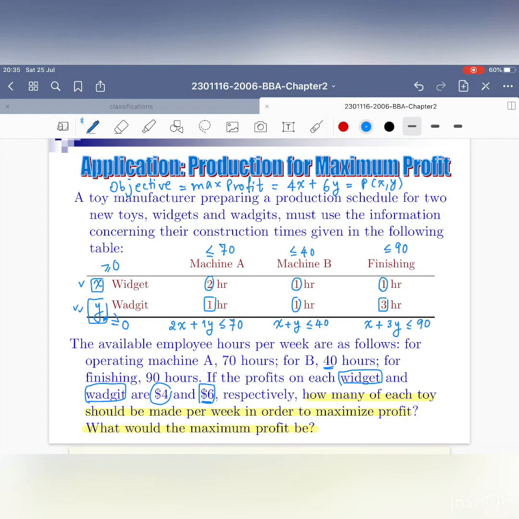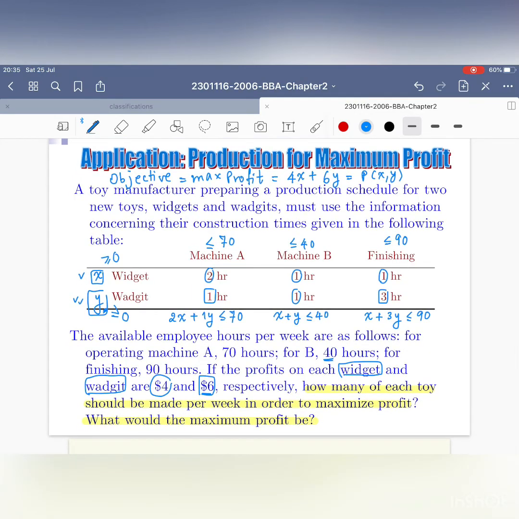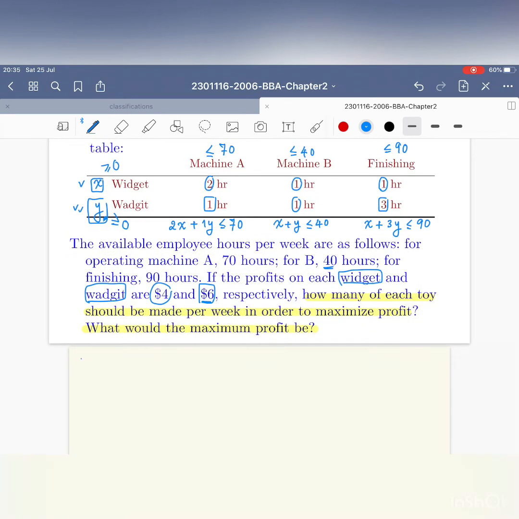So let us write down again all the objective and the constraints. The objective is P(X, Y) equals 4X plus 6Y.